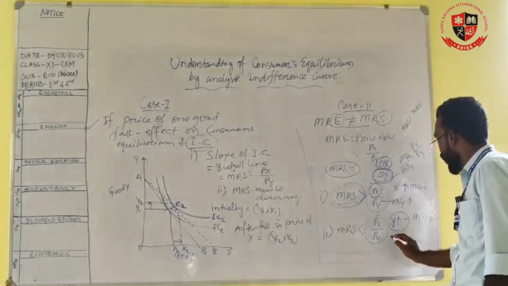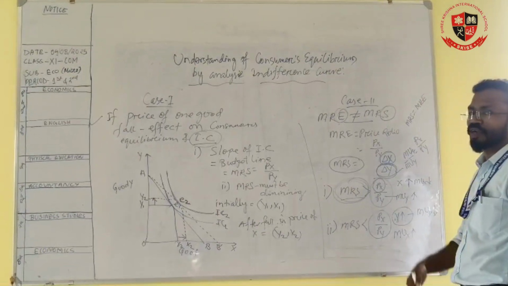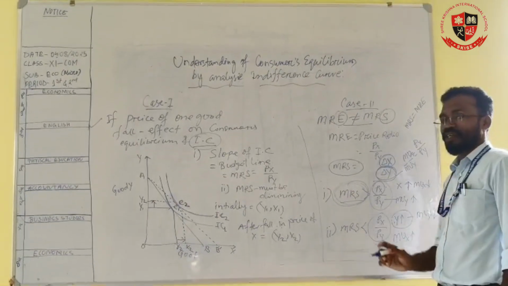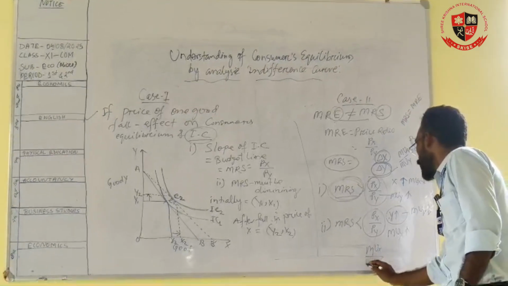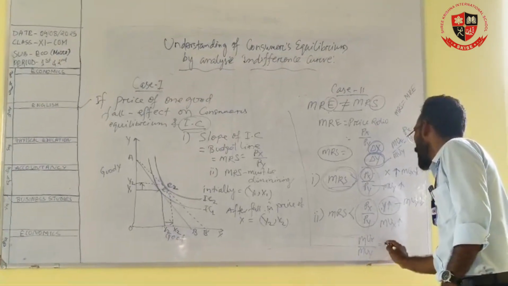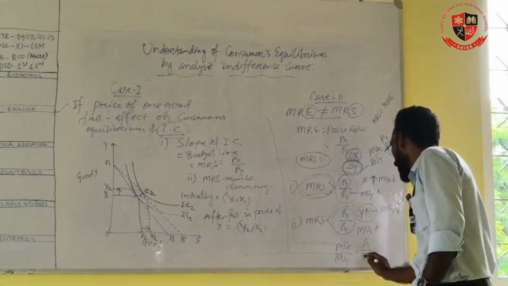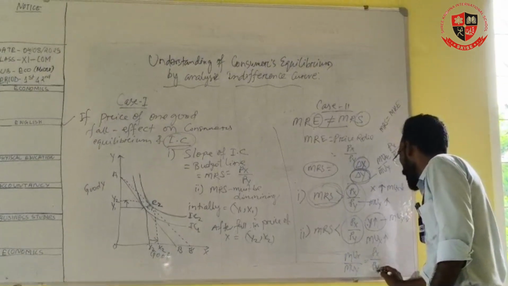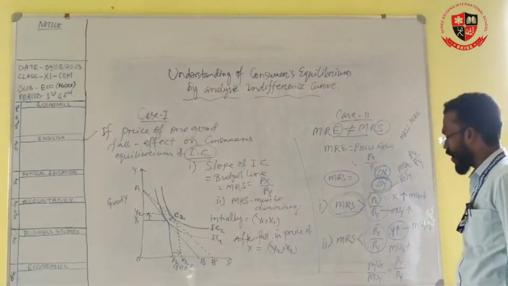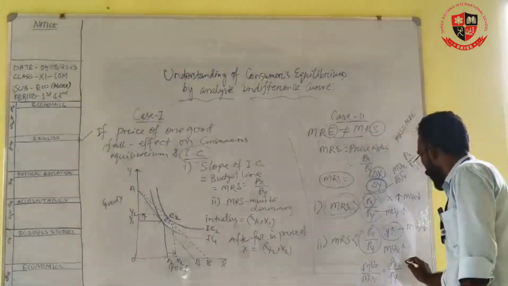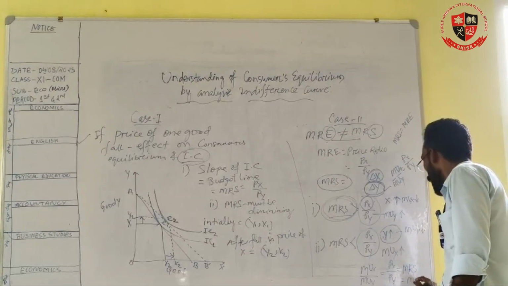At the same time, the marginal utility of X will increase, and the consumer will reach a certain point where the marginal utility of X to the marginal utility of Y is equal to the ratio of the price of good X and the price of good Y, meaning the consumer will attain the equilibrium point where the marginal rate of substitution equals the marginal rate of exchange.